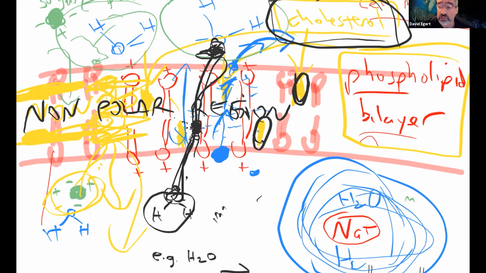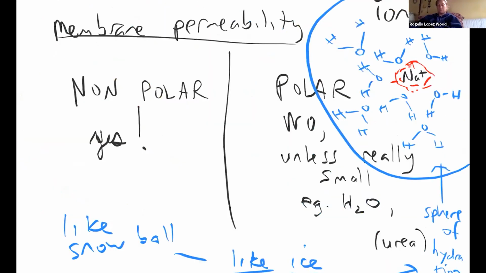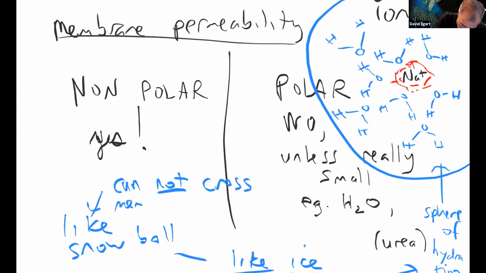It can only cross using specialized membrane channels that we're going to talk about in detail next week. So ions cannot cross the membrane without help. And again, typically it's going to be these specialized membrane proteins, these ion channels that we're going to be talking about in detail.